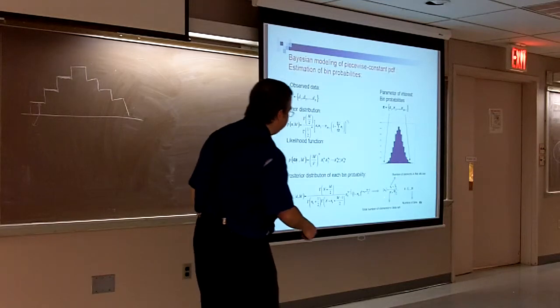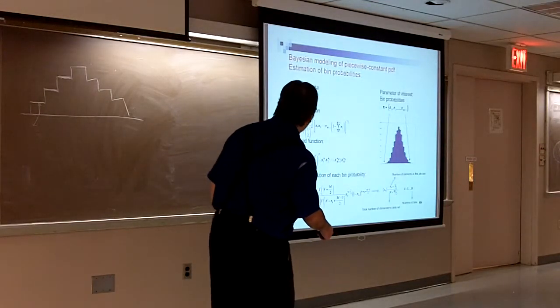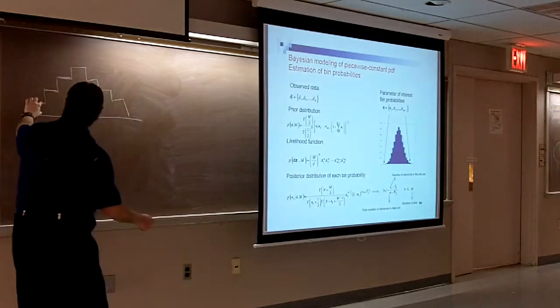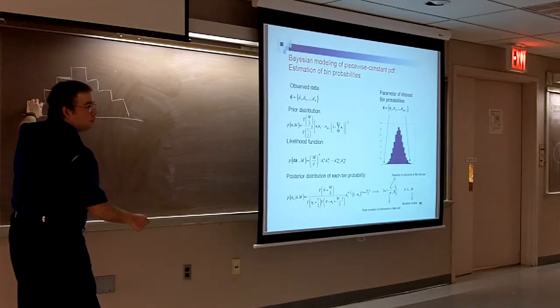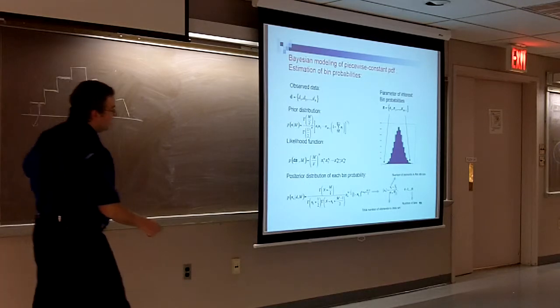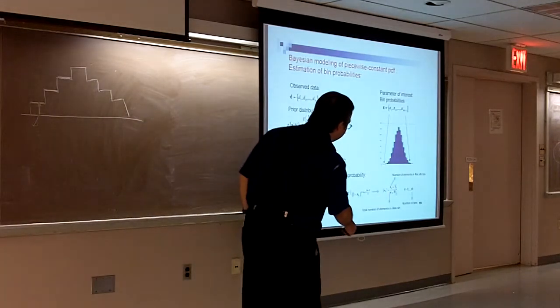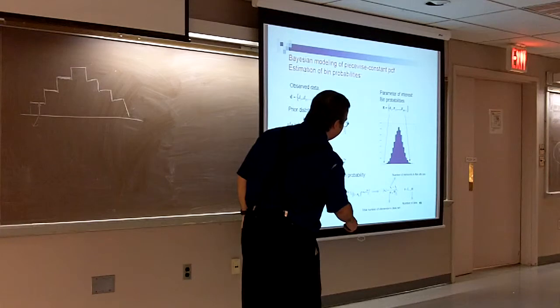If you look into this equation, for each bin's probability, we have a mean which has plus 1/2.